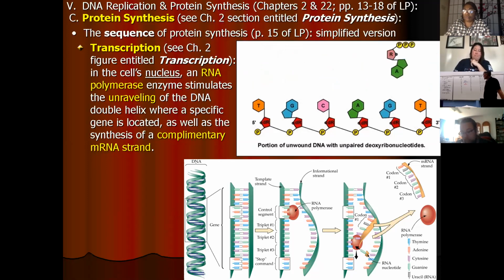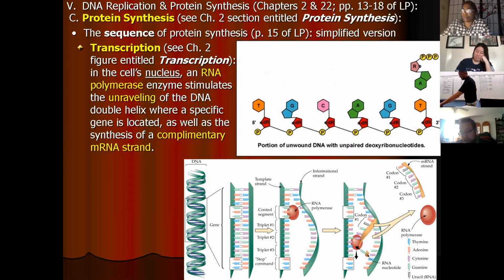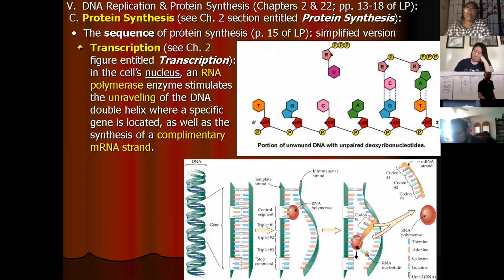So this is transcription, and it's happening in the nucleus. So we're going to go from nucleotide sequence to nucleotide sequence. It is from DNA to RNA.